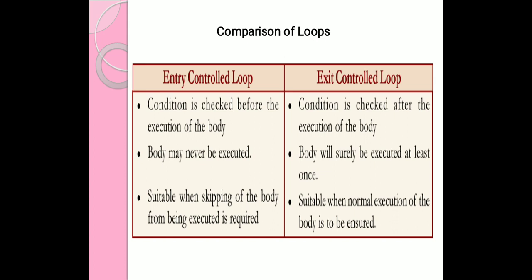But in the exit controlled loop, the body will be executed at least once, because after executing the body, at last we check the condition. So in the exit controlled loop, the body will surely be executed at least once.